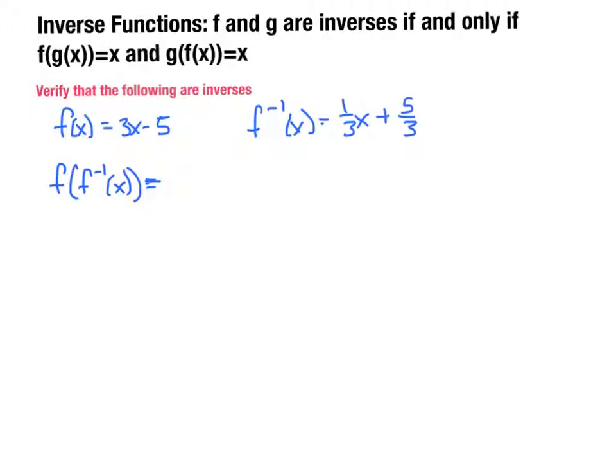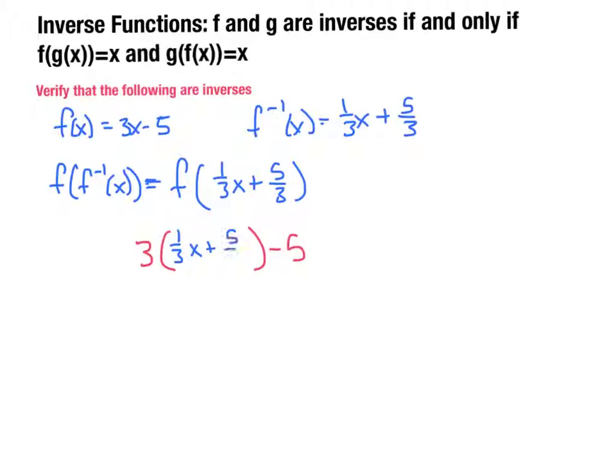So it's really just saying, plug 1/3 x plus 5/3 into the x of this f function. So the f function is 3x minus 5, so 3 times all of that stuff minus 5. And all of that stuff was 1/3 x plus 5/3.